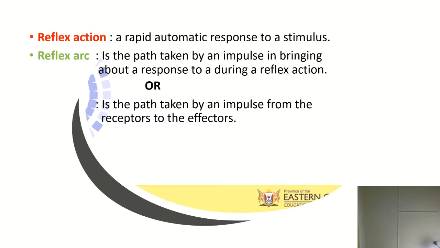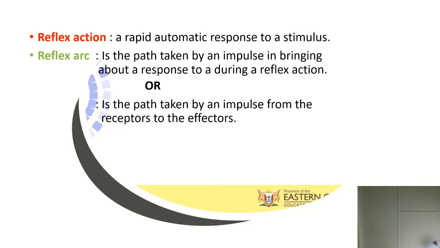But a reflex arc is the path taken by an impulse in bringing about a response to a stimulus during a reflex action. It is the path taken by an impulse from receptors to effectors.